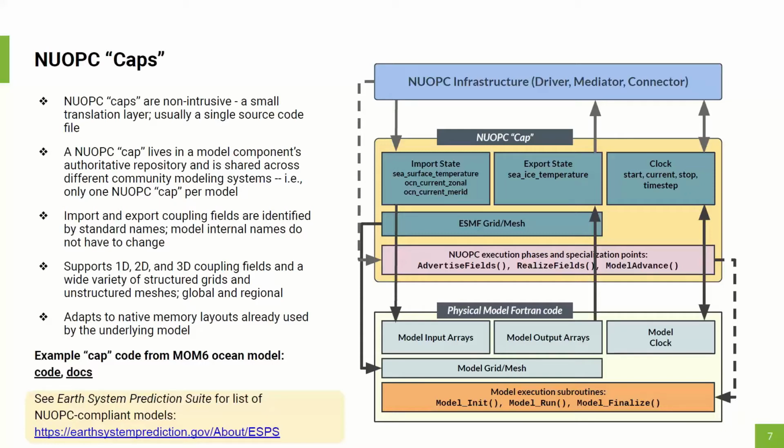And the advantage of doing this is that once a NUOPC cap has been written for a component, it should be the only one that needs to exist, and it should be shared across any organization that is using that component in their system. And this has a huge advantage of saving a lot of resources and increasing productivity, and also a lot of advantage of bug fixes, since in many cases for codes that are widely used, for example, I give an example here of the MOM6 ocean model where the cap is.